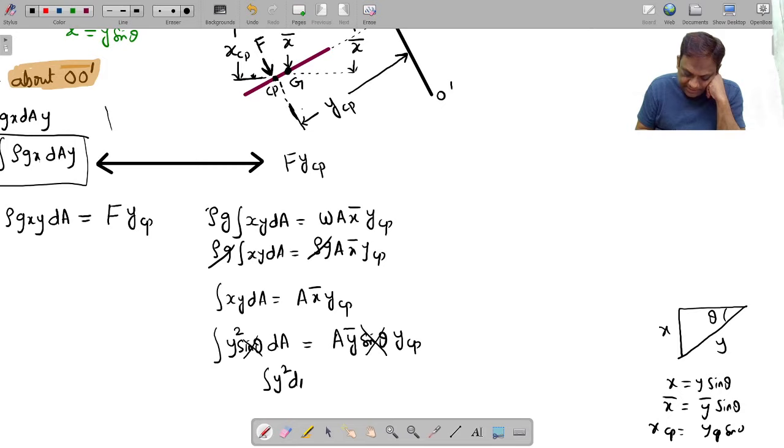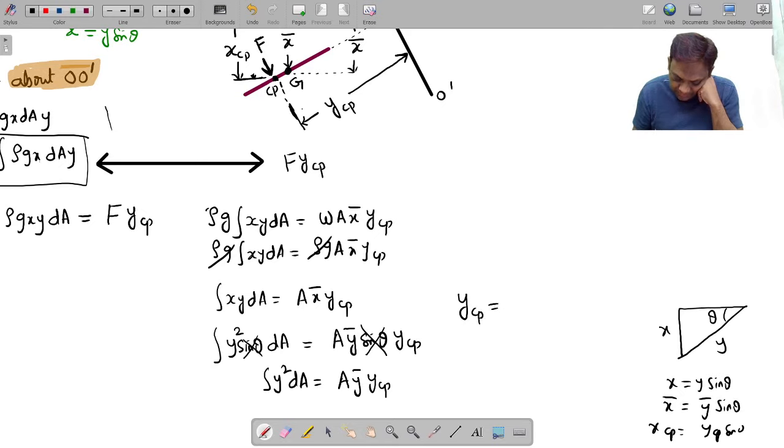Integral y square dA is equal to A y bar into y_cp. So y_cp will be equal to integral y square dA by A y bar.